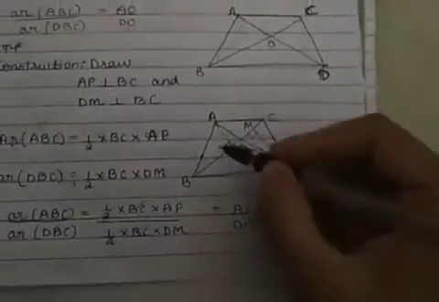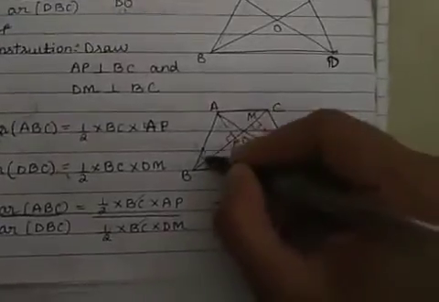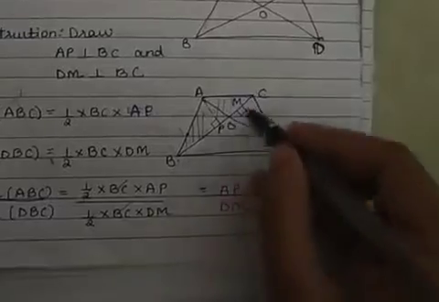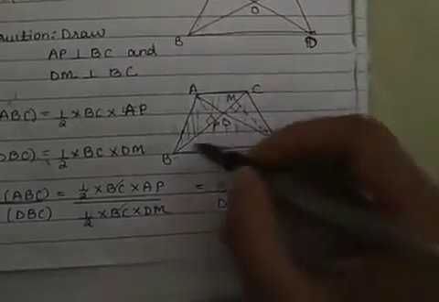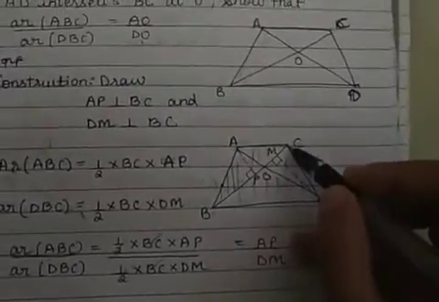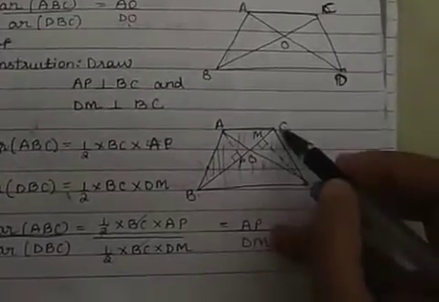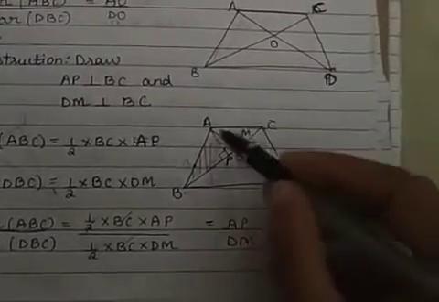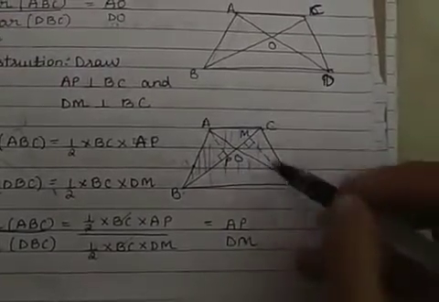So what you are given here is that ABC and DBC are two triangles which are on the same base BC. So you have to show that area of ABC upon area of DBC is equal to AO upon DO.